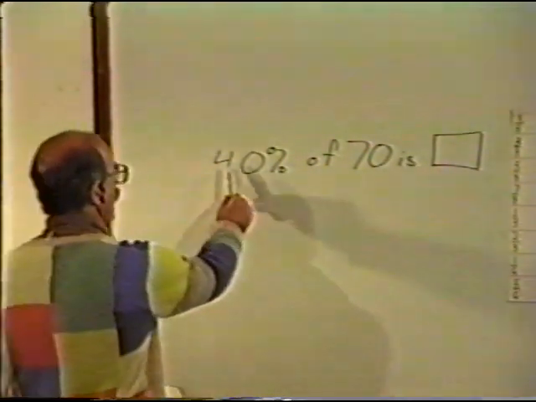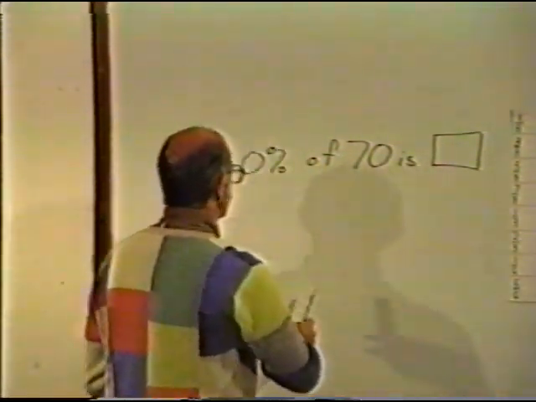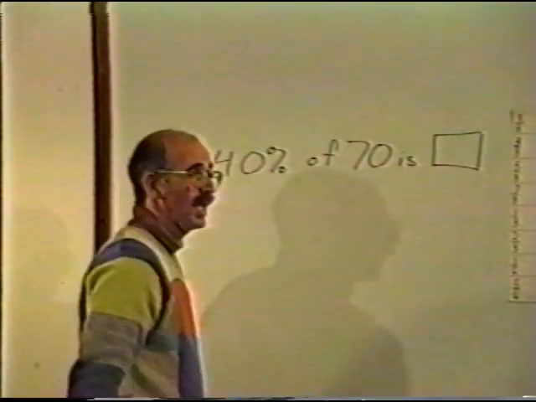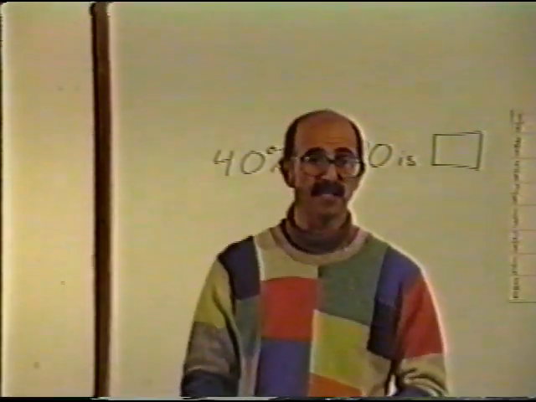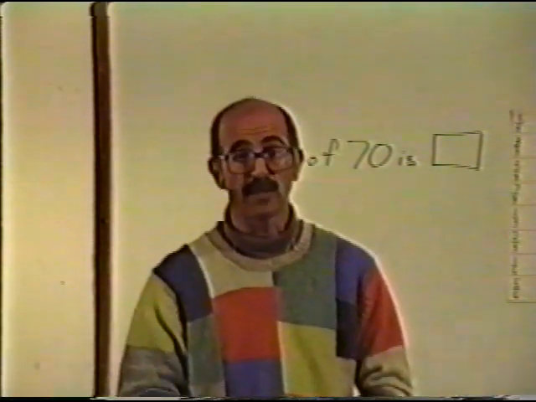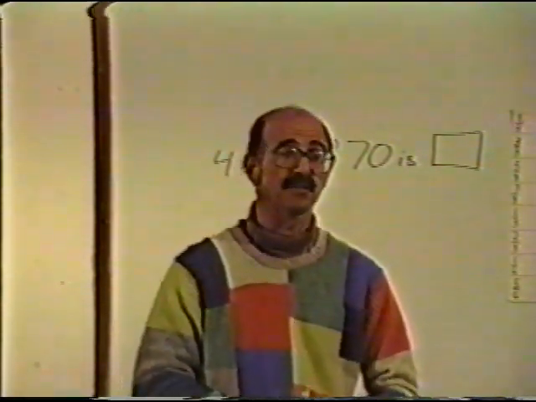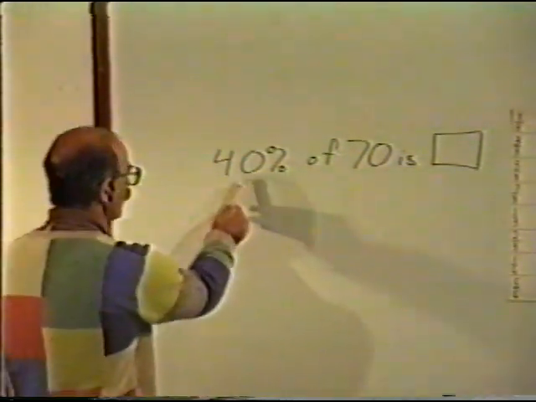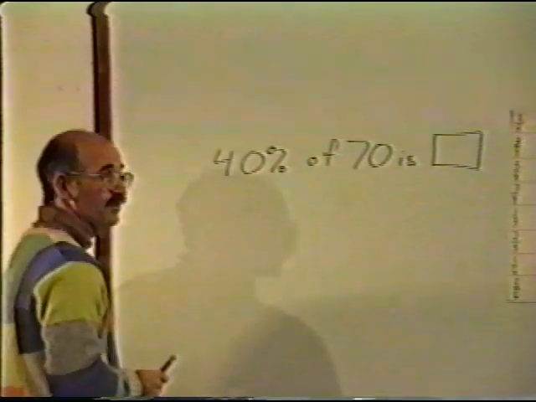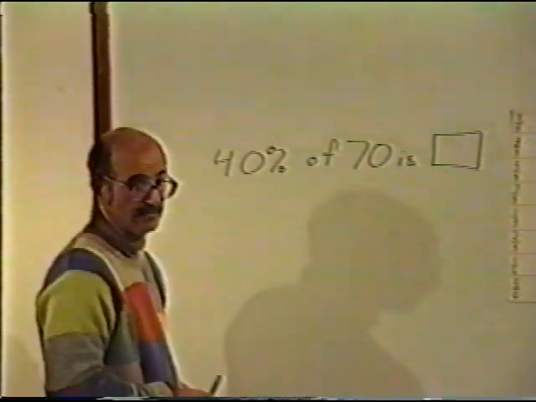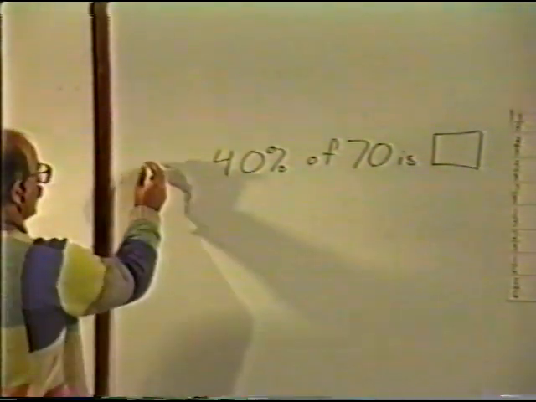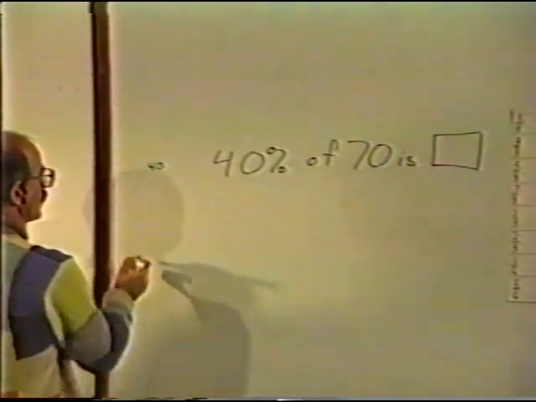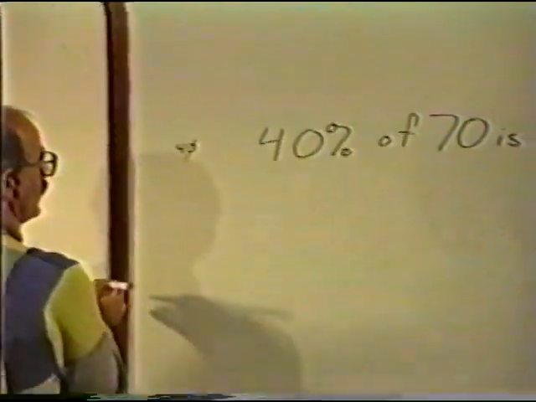This is what's called a number sentence. It has numbers and words. And we'll always start out with a number sentence, and then we'll change it to an equation, and then we'll solve it. The first thing we need to do is convert 40% to a fraction. 40% is the same thing as 40 hundredths, or 4 tenths.